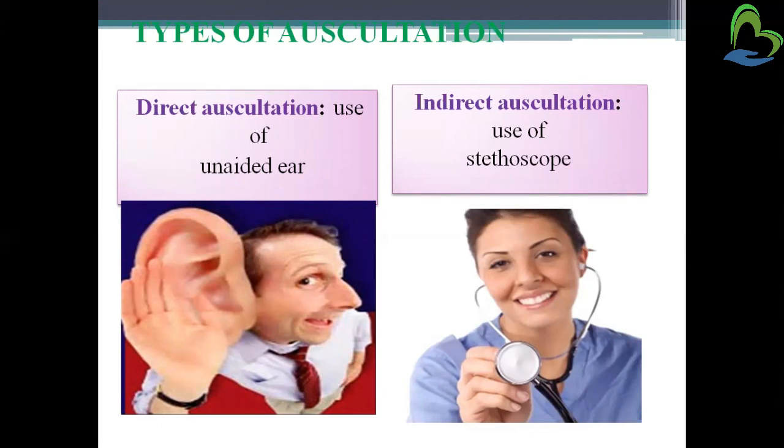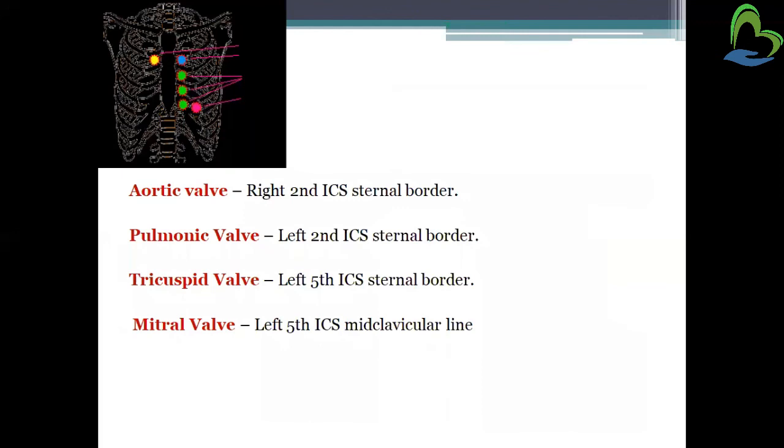We all use this stethoscope. We usually use it to determine heart sounds and lung sounds mainly, and even bowel sounds sometimes, right? For heart sounds, there are four valves we are going to assess.